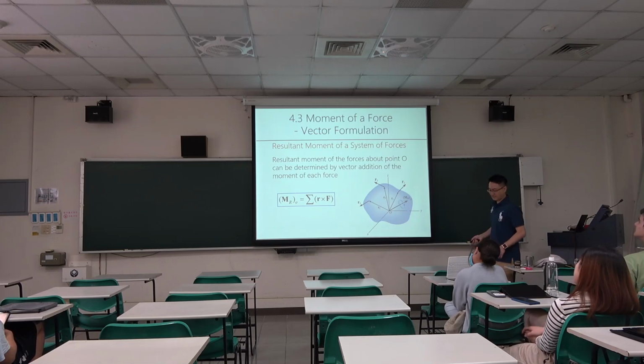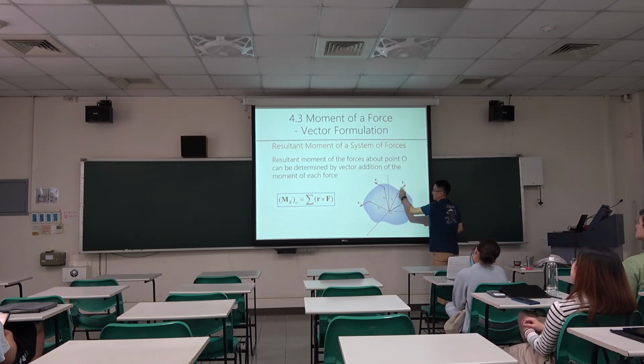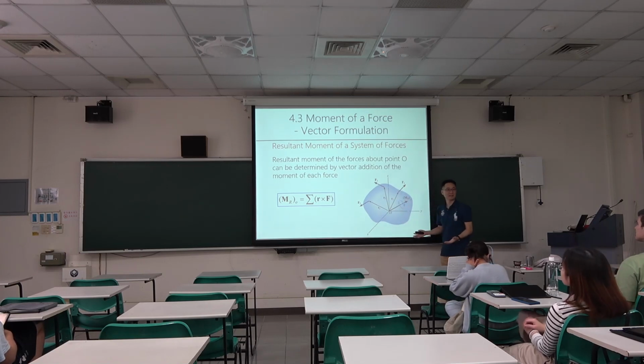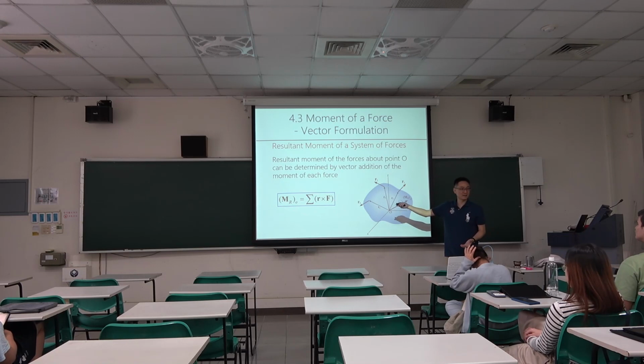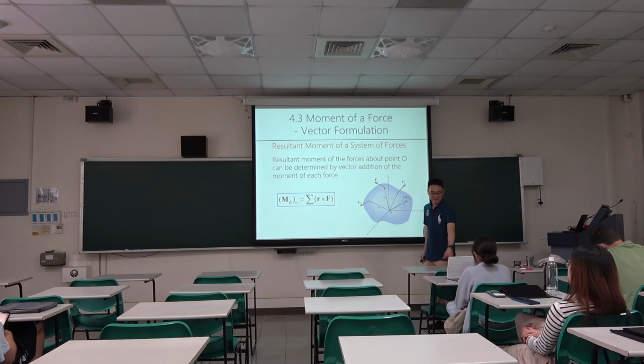Okay, then if we have many position vectors and many force vectors, we can work out the summation to get the resultant moment. This case is what I mentioned, I use this table, this desk. For example, we have forces and moments acting on many different elements.